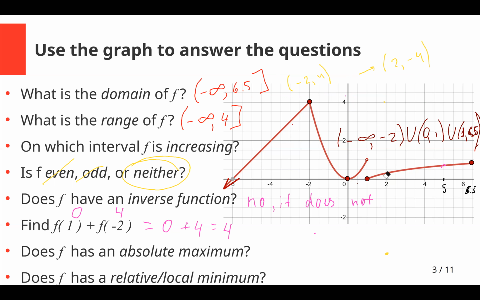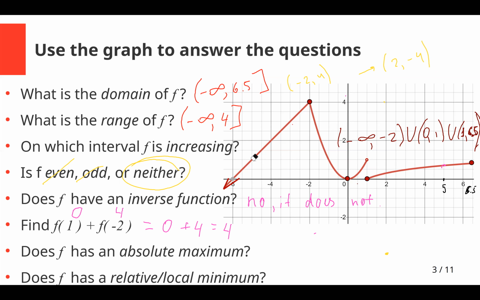Okay, now the next question is the absolute maximum. So absolute maximum, it could be more than one, by the way, right? Well, okay, it will be one value, but it could be reached at many places. But it's always one value. It's the highest possible value of the function. And of course, we cannot have it as infinity. No, it should be something that we can reach.